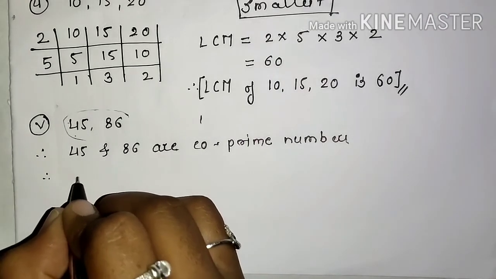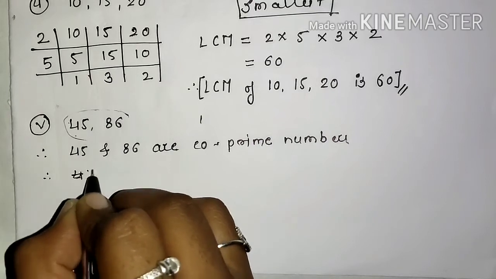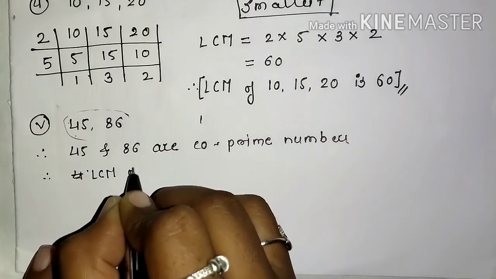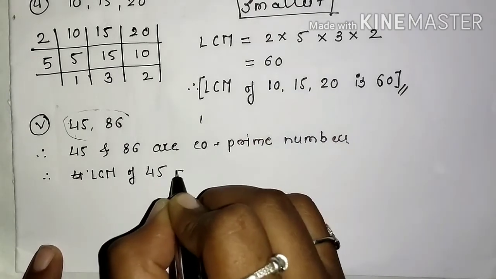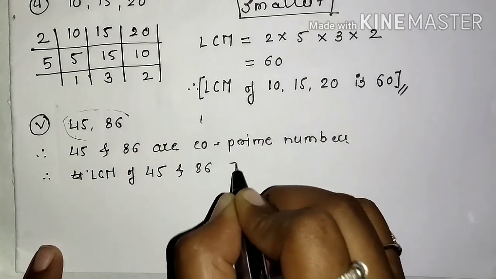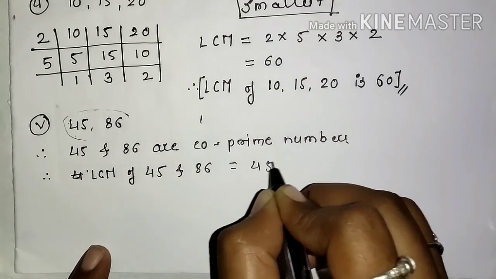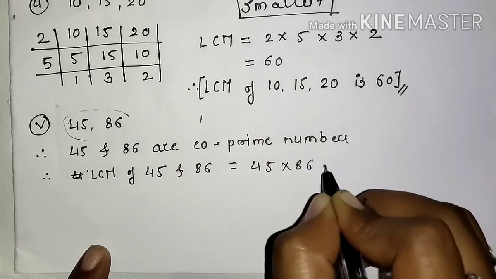So in that case, the LCM of 45 and 86 is going to be the multiplication of the given numbers only.